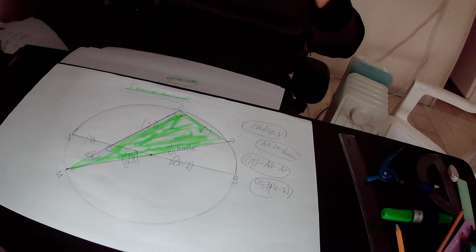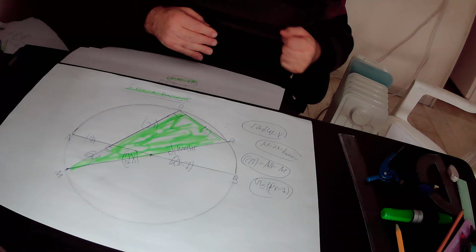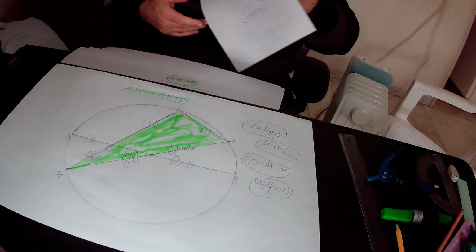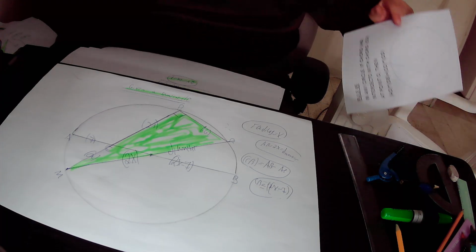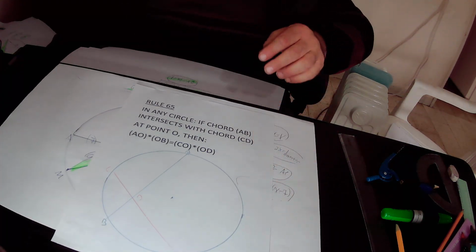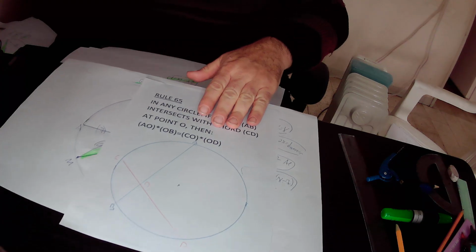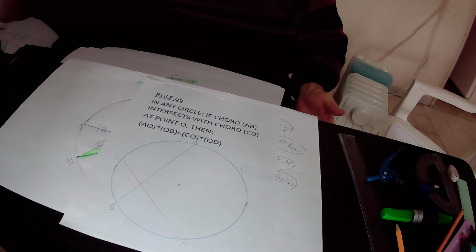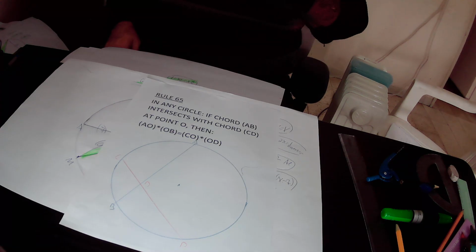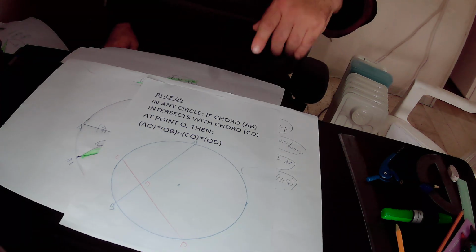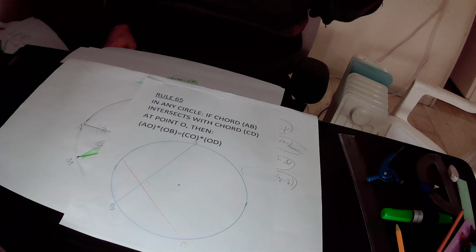The next step, we implement the intersecting chords theorem in our drawing. In any circle, if chord AB intersects with chord CD at point O, then AO times OB equals CO times OD.